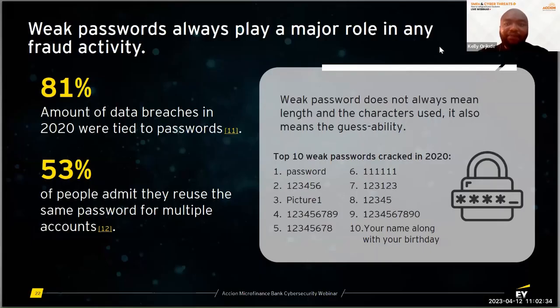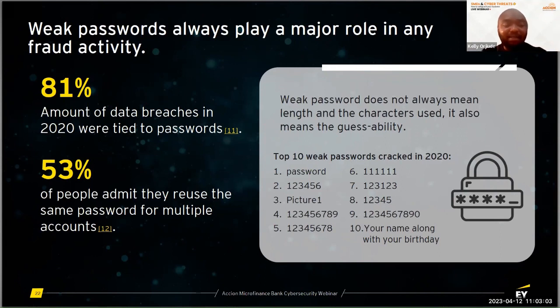So if you look at this, you will see that weak passwords play a very major role in fraudulent activities. Very important. 81% of data breaches in 2020 were tied to passwords. That means cyber criminals go on the internet looking for weak passwords.